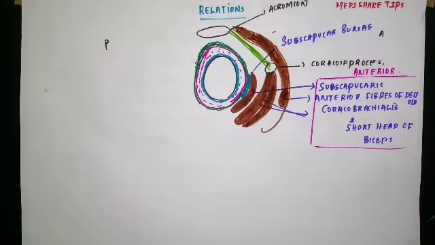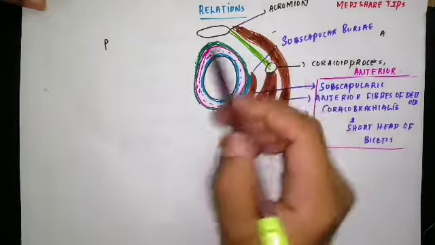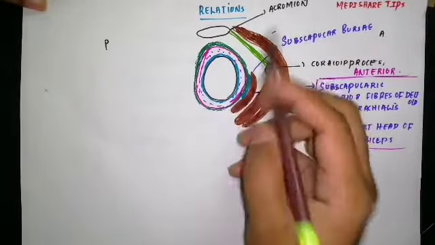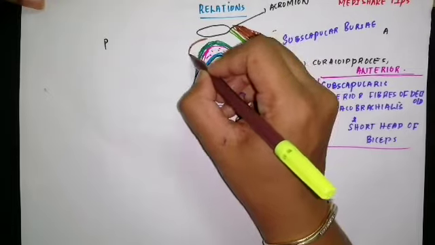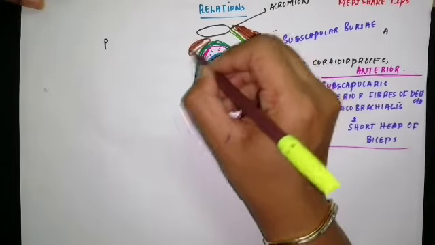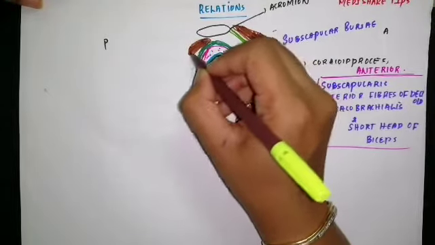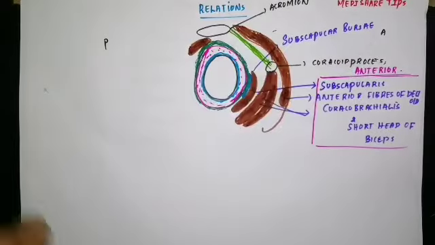Now we will discuss the superior relation. The superior relation is formed by the coracoacromial arch and the muscle which is known as the supraspinatus muscle. So this is supraspinatus.